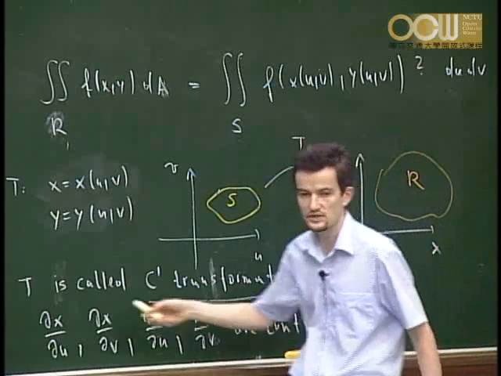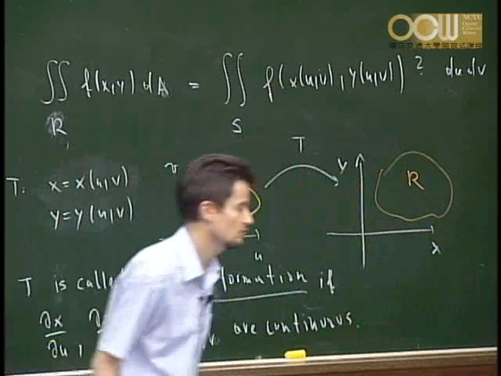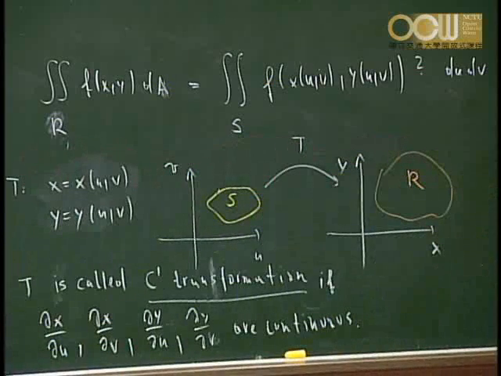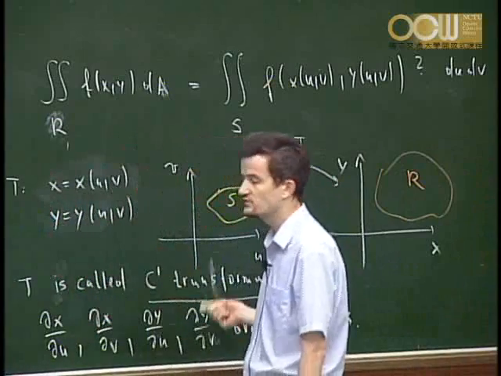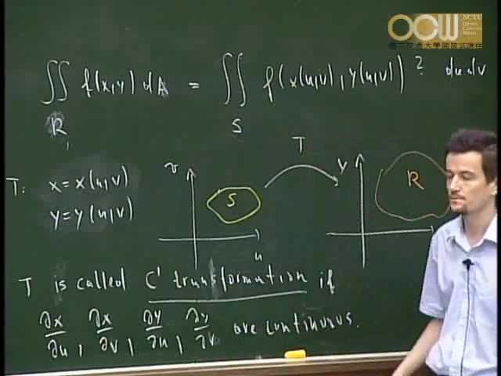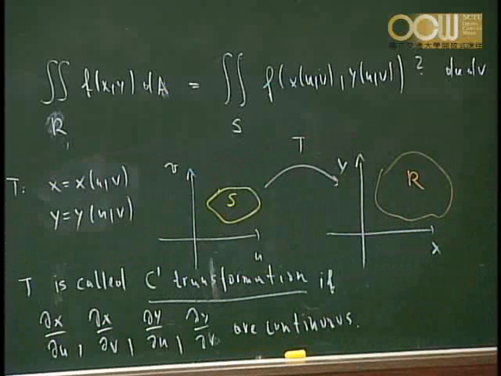Such a special transformation we will call a C1 transformation. And the functions which we are going to choose as substitutions will all be C1 transformations.